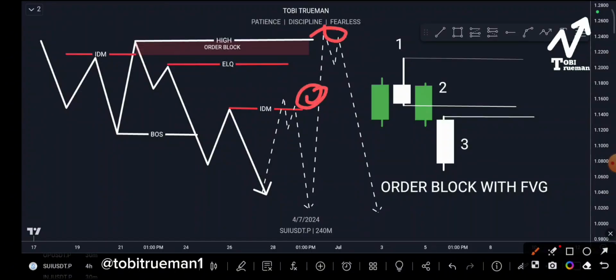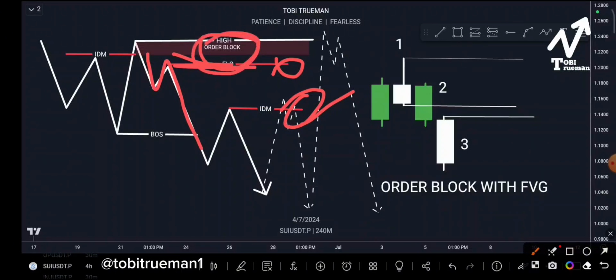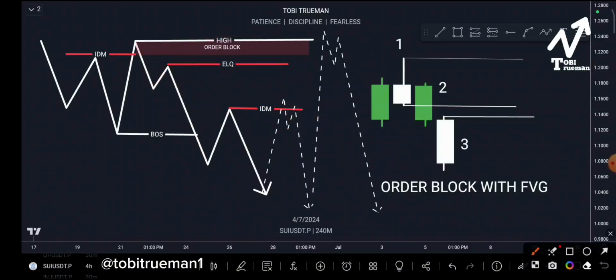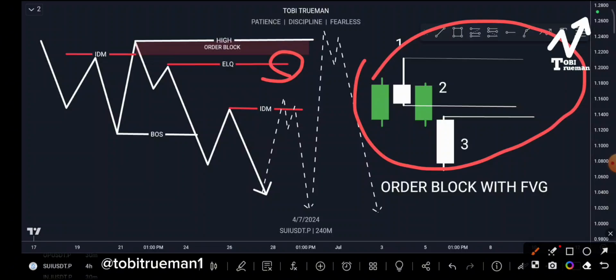I've explained liquidity for inducement. Now for engineering liquidity, we see that this is the last pullback before our main order block. So that last pullback there is called engineering liquidity. As such, price can also get to this engineering liquidity and give us our entry model. We take it accordingly, as long as it meets our criteria.